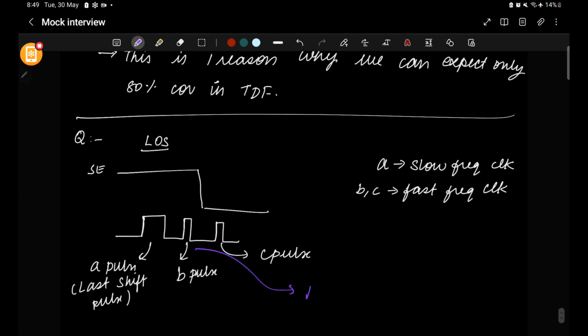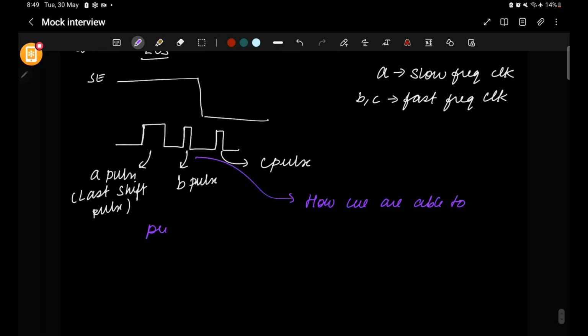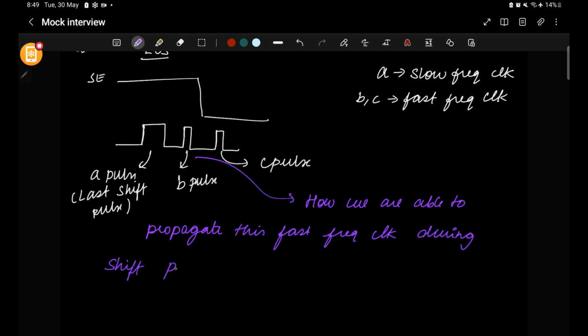How are we able to propagate this fast frequency clock during the shift phase, when scan enable is 1?